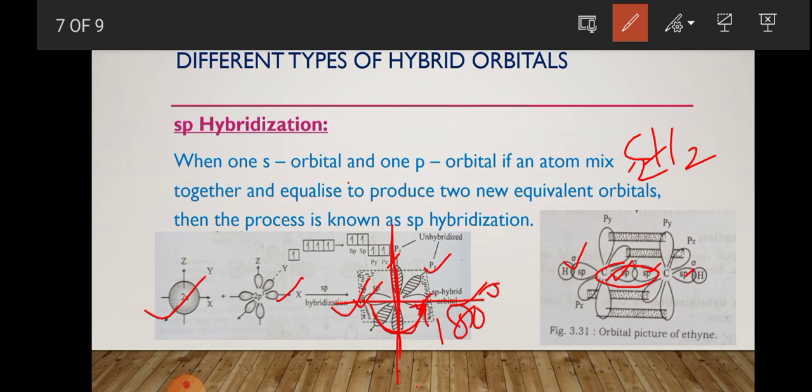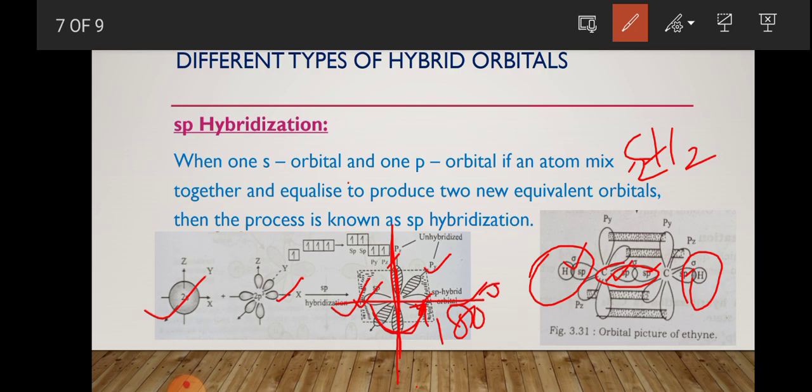The other sp hybrid orbital of each carbon overlaps head to head with the s orbital of a hydrogen atom. This one overlaps with a hydrogen atom and this sp orbital also overlaps with a hydrogen atom.